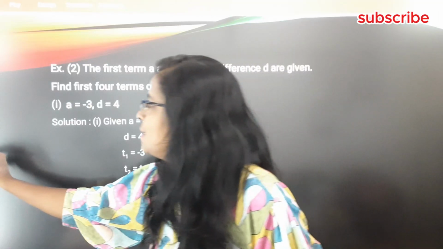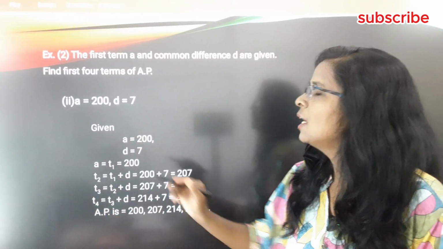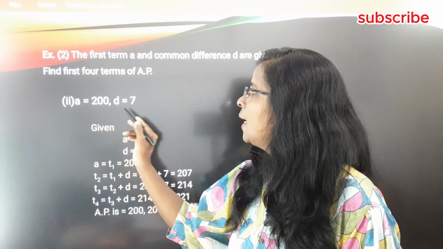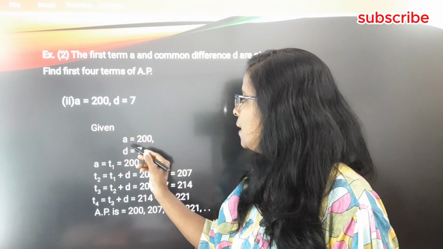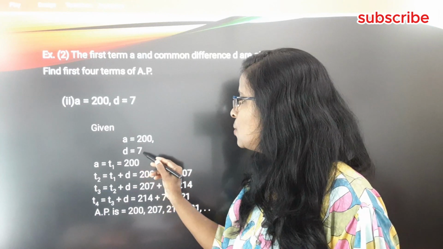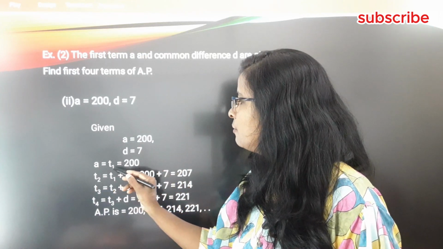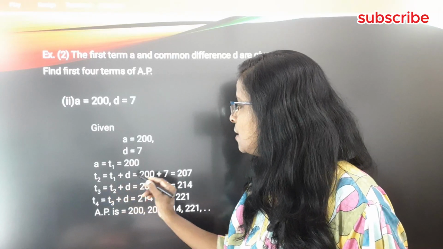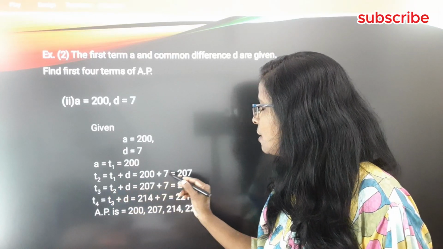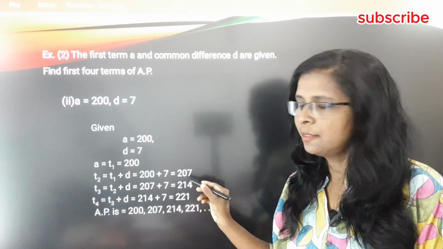So see the next example, students. A is equal to 200, D is equal to 7. A is nothing but T1, so T1 is equal to 200. T2 is equal to T1 plus D, which is equal to 200 plus 7 is equal to 207.